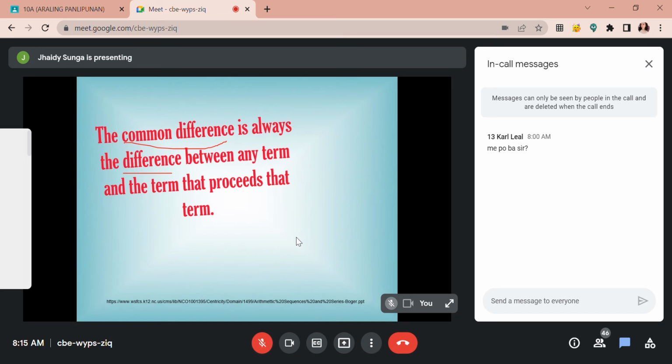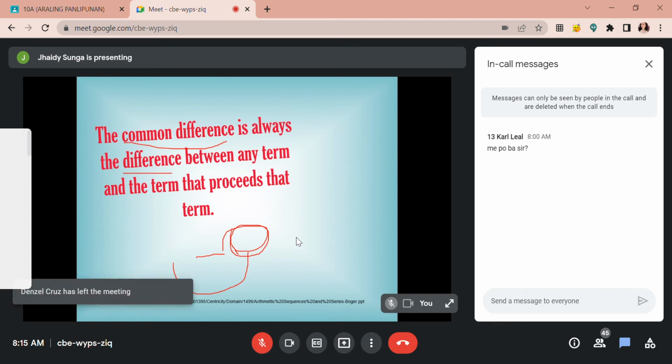It just states that from any term that you have, the one that you are going to find is the common difference. In order for you to know the common difference, you need the difference between your term and your previous term, or the difference between this term and your following term.